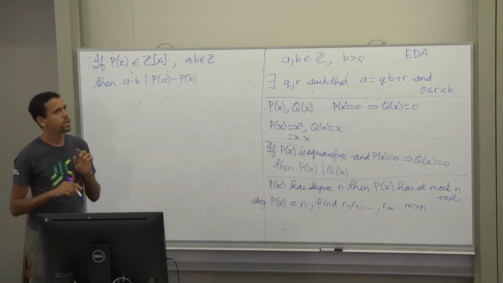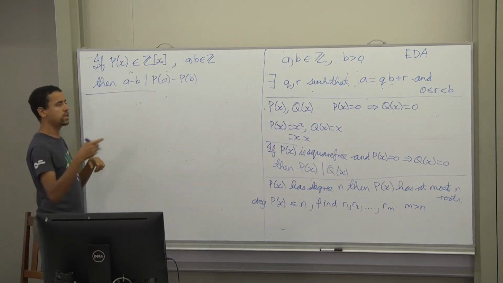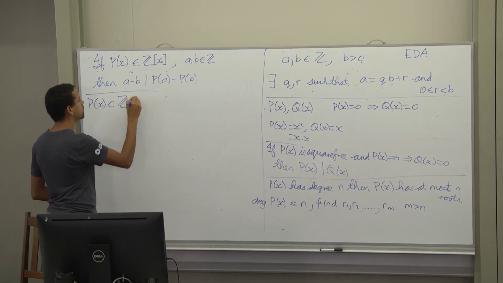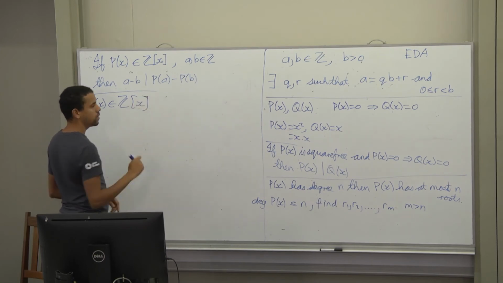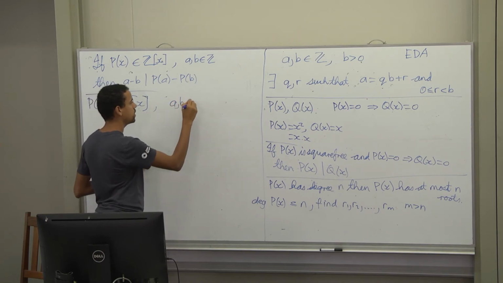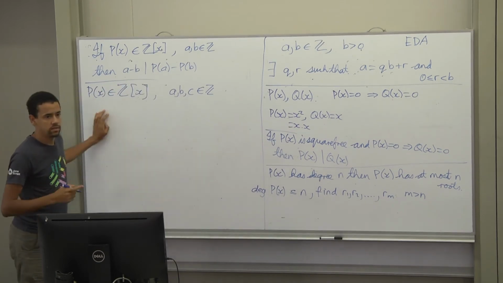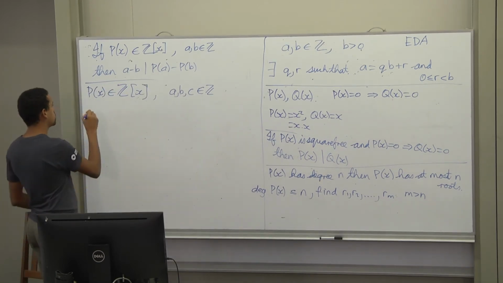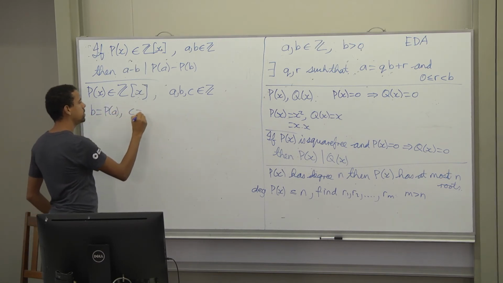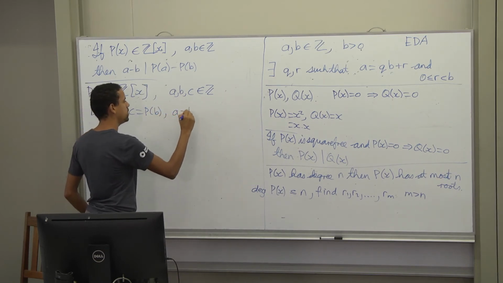Let's suppose we have a polynomial with integer coefficients, and we are given three integers a, b, and c, which satisfy the following conditions. b is p of a, c is p of b, and a is p of c.